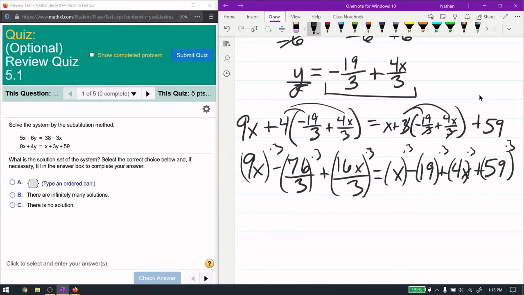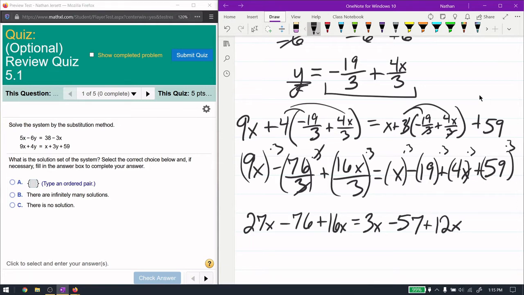All right, that gives me 27x. This 3 and that 3 cancel, and that gives me negative 76. Then plus 16x. We get 3x there. Negative 19 times 3 is going to be negative 60, minus 3 is going to be negative 57, plus 12x.